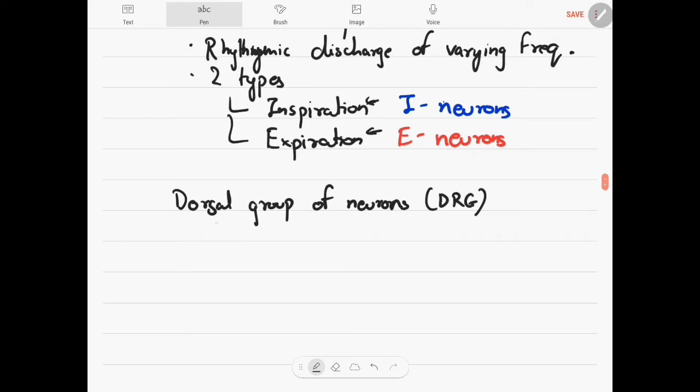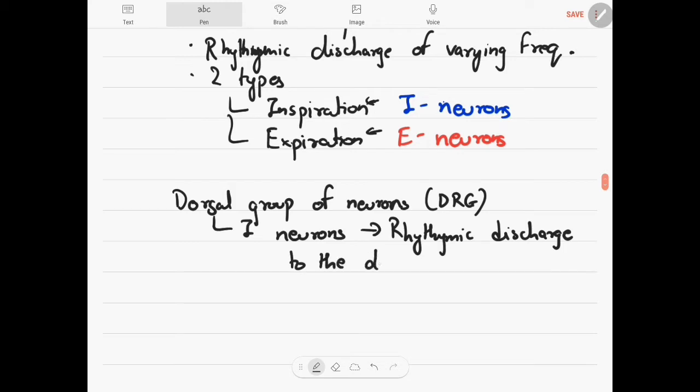These consist of I neurons, and they will provide rhythmic discharge to the diaphragm via the phrenic nerve.